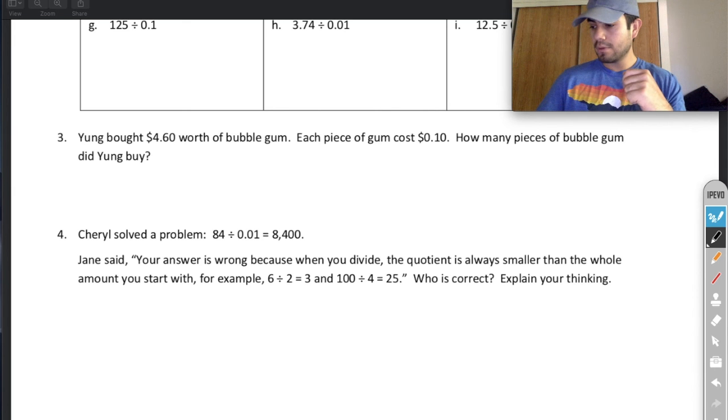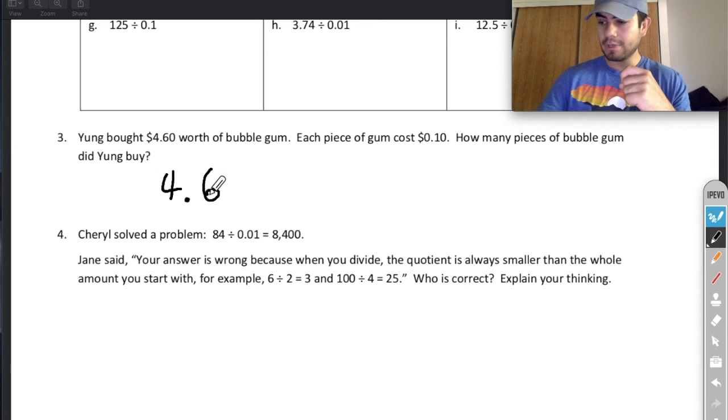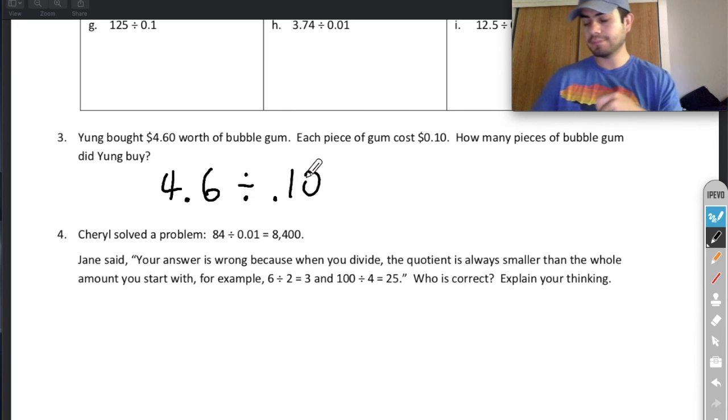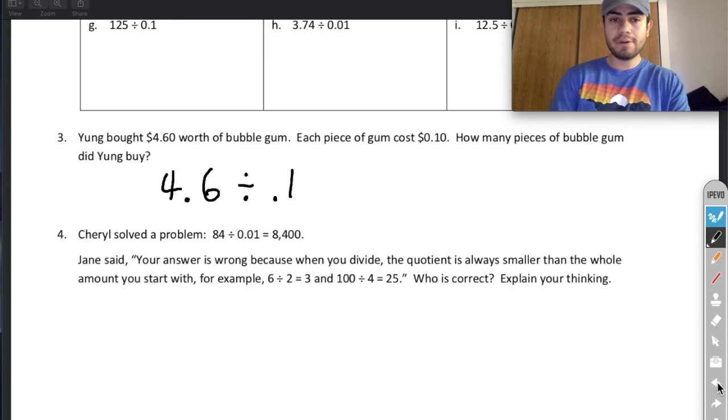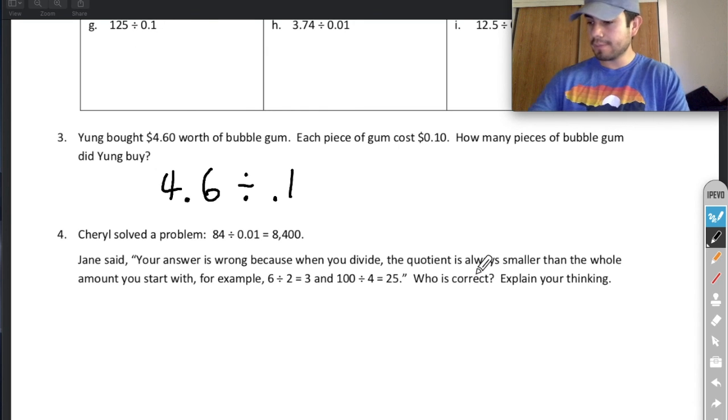So if I rewrite this as what we just were working on, which is 4 and 6 tenths divided by tenths, or you can just rewrite it as 1/10. It looks very similar to the problems we had up here. So let's just solve it.